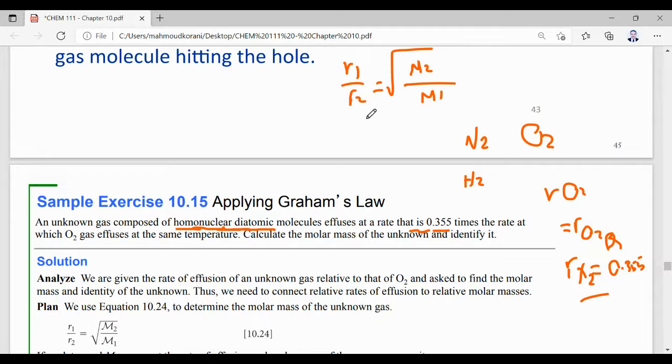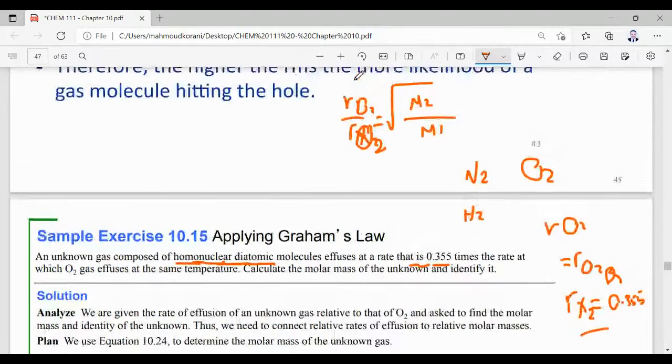I'm giving you R1 to R2. Suppose this is oxygen and this is the unknown one, X2. This value I have already given you. It should be the rate of oxygen, no, let oxygen be downstairs, and here X2.